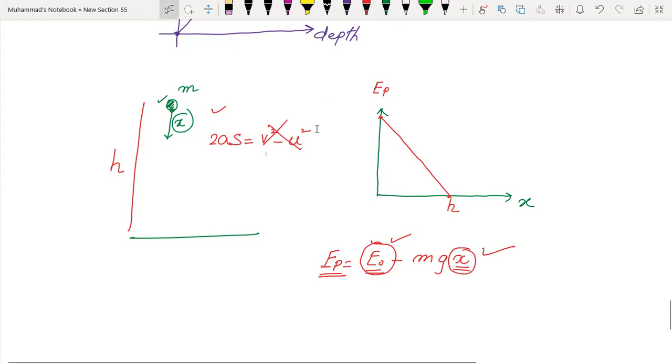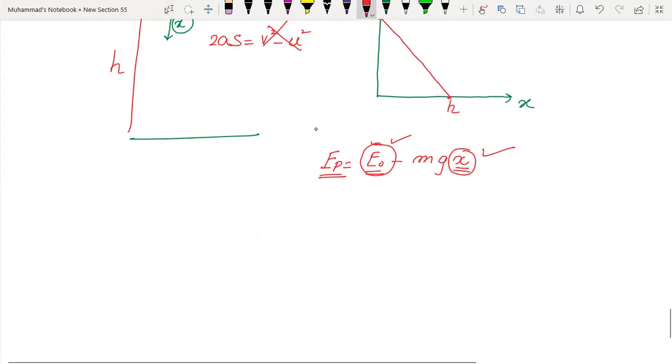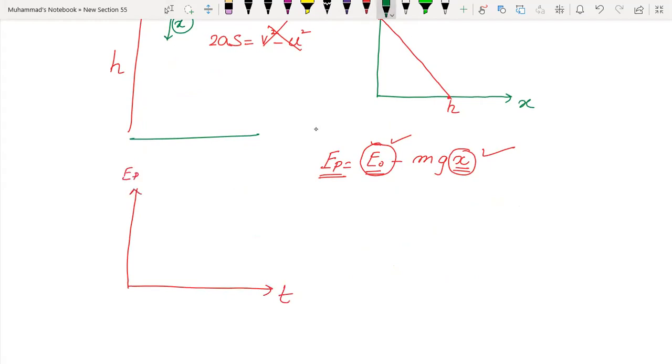But if you have to plot a graph of potential energy versus time, then what would you expect? You have to involve time in your equation. Okay, so potential energy is initial maximum potential energy minus, you know that, mgx. Now we have to replace this x. We have to bring time over there.